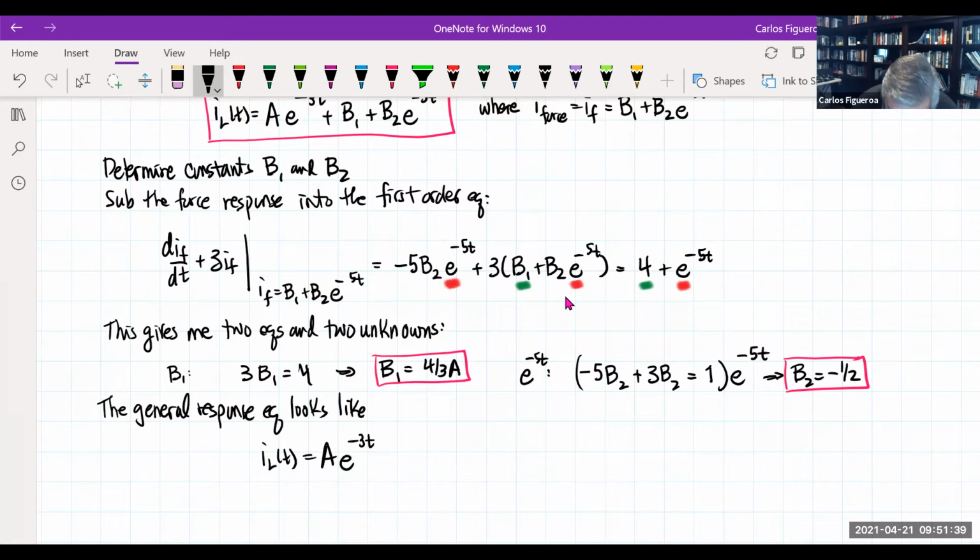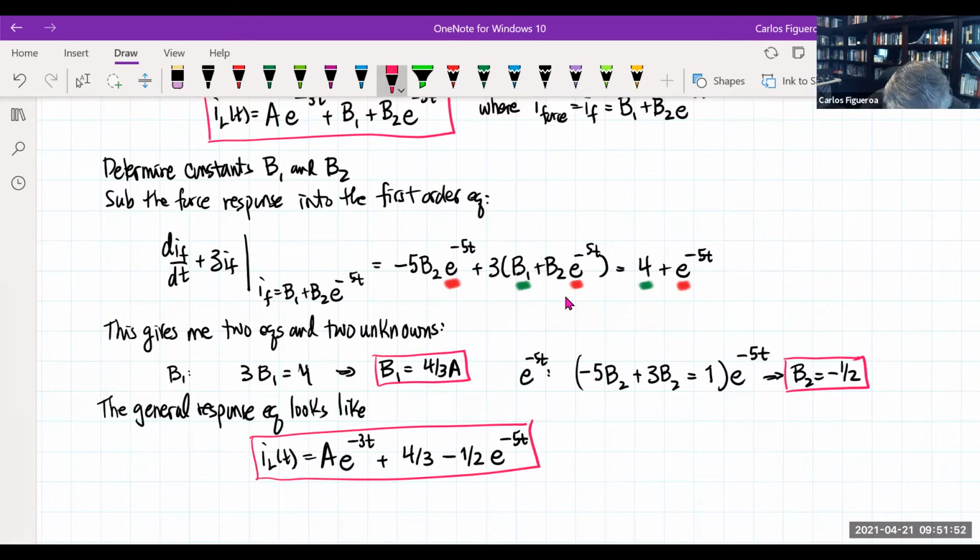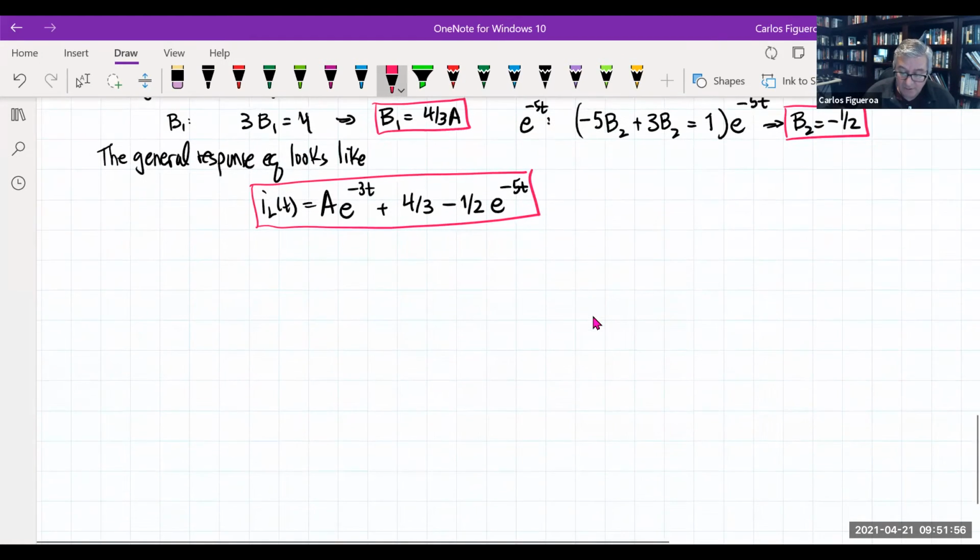If I put in my constants, you could see this is going to be 4/3 minus 1/2 e to the minus 5t. So now I have my equation. So now I'm going to go to the next piece. What I've got to do here is solve for the initial condition. So let's go do that.